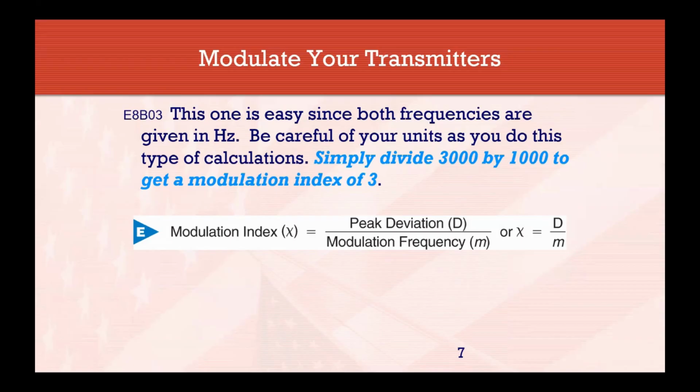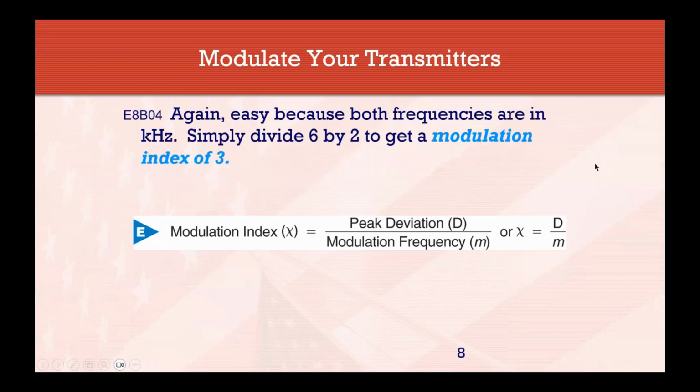And you can see where that would go. Obviously, they're using 3,000 and 1,000. So 3,000 by 1,000 would give you 3. And that is the answer to that particular question when we get to that question. Again, they have two things going on here, a 6 and a 2. So 6 divided by 2 is 3.